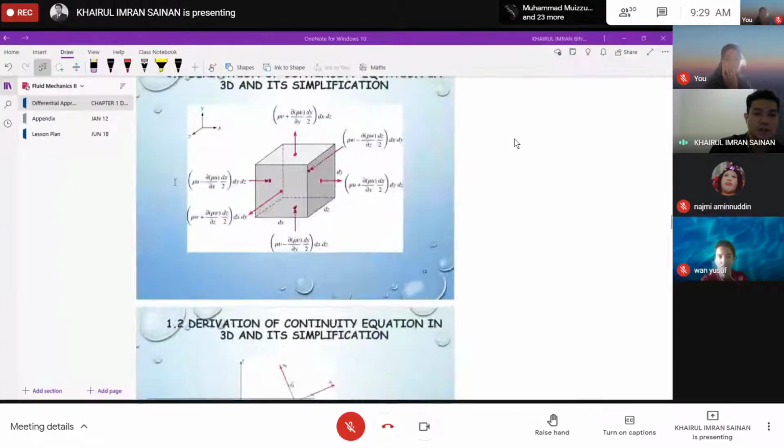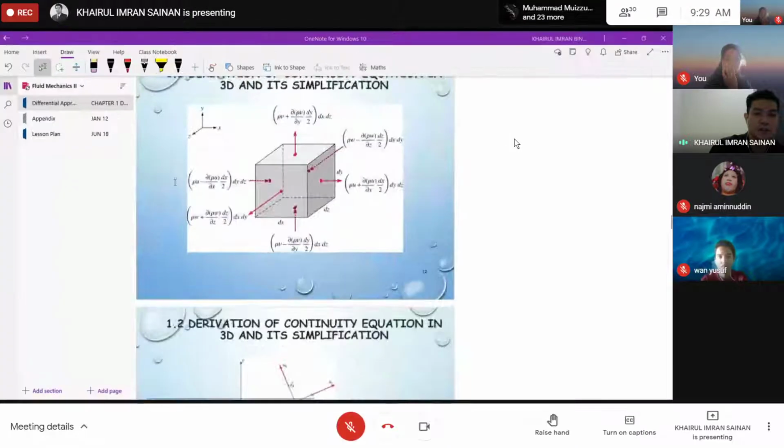So the keyword is at any given time, the velocity at A is 2 meter per second, the velocity at B is 4 meter per second. At any given time. 2 p.m., 3 p.m., 5 p.m., tomorrow, it does not change. So steady flow.